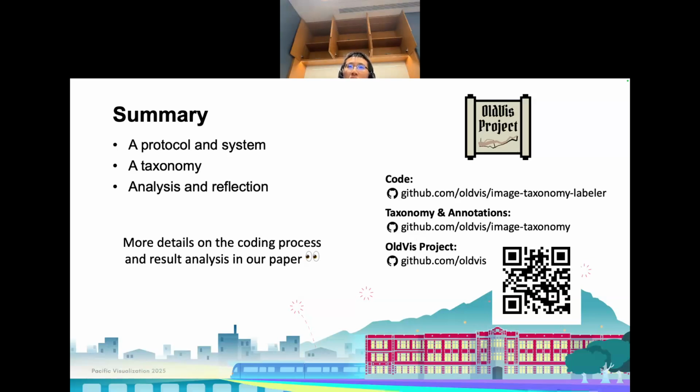And actually, next Wednesday at CHI, one of my collaborators will be presenting our follow-up work, a data set in which we create a corpus from historical Chinese books. And we believe that by extending the corpus and possibly reapplying the protocol and our system, we may achieve a taxonomy that is more inclusive.